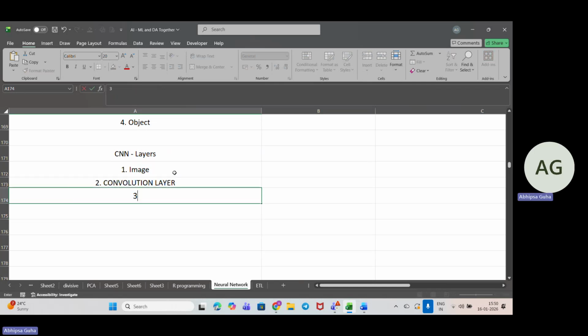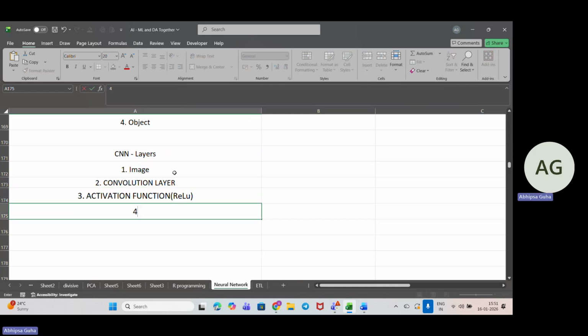Next we have the activation function, which we generally take as ReLU, the most common one.